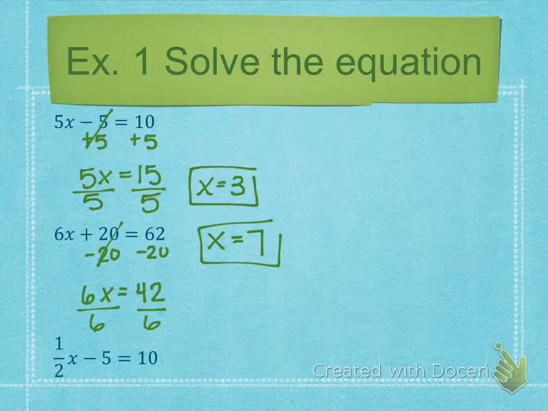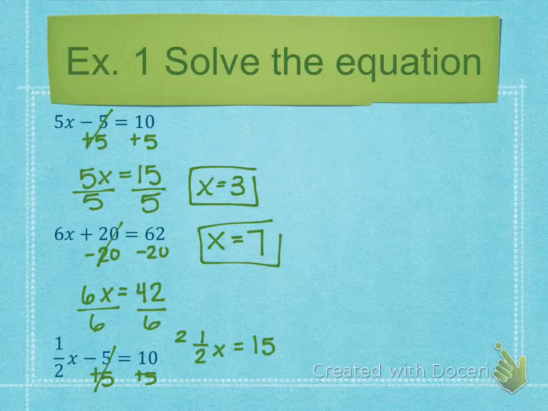What would I do first, Hunter? Add 5 on both sides. Perfect. Add 5. I've got to combine like terms, so I add 5. Now I have 1/2 x is equal to 15. What would I do now, Tristan? Multiply by the reciprocal. Perfect.